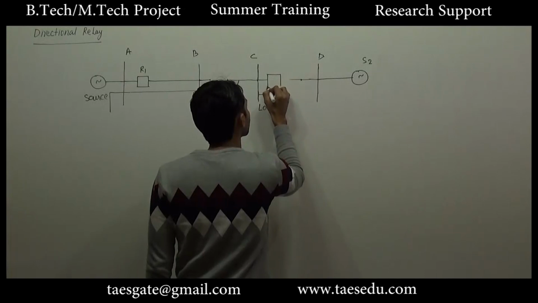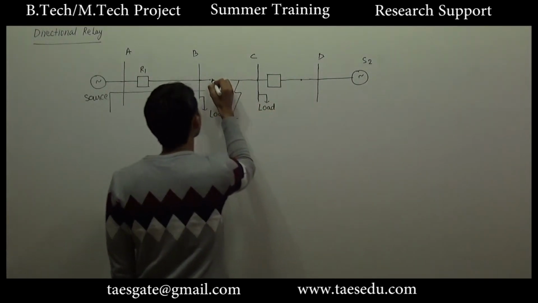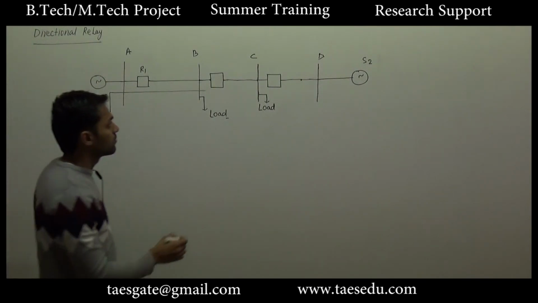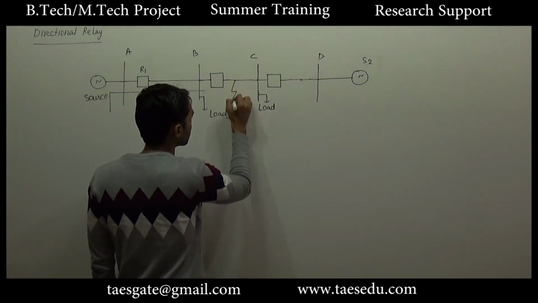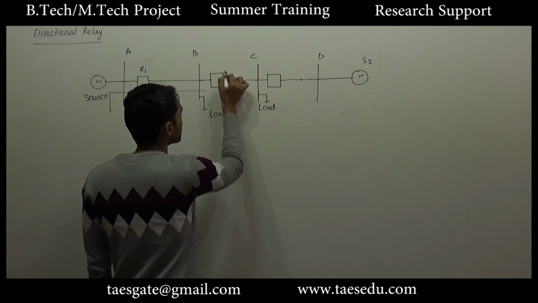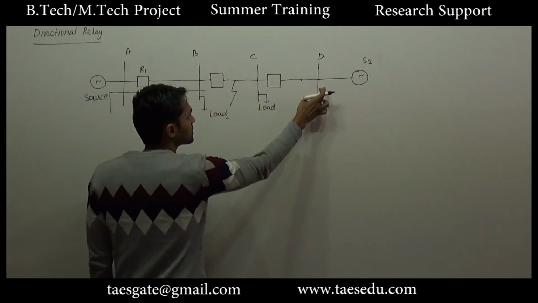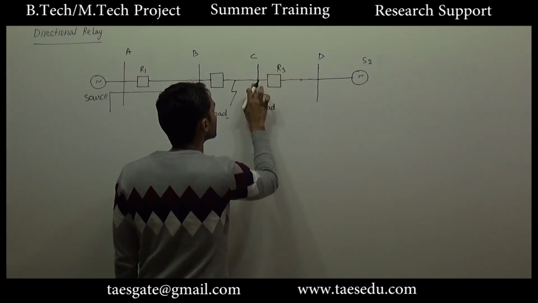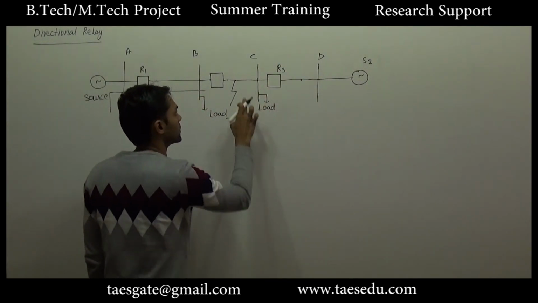Let us connect the relay again. So what can be the possible solution? If fault is at this point, this relay should operate, and for this type of fault current, instead of relay R3, there should be a relay at this point which should operate.